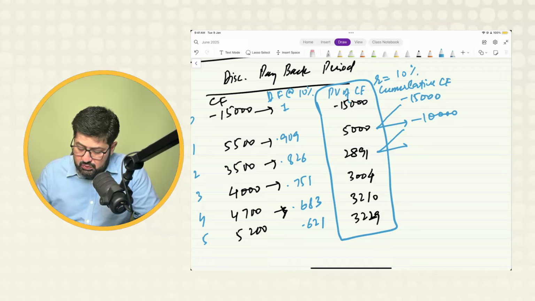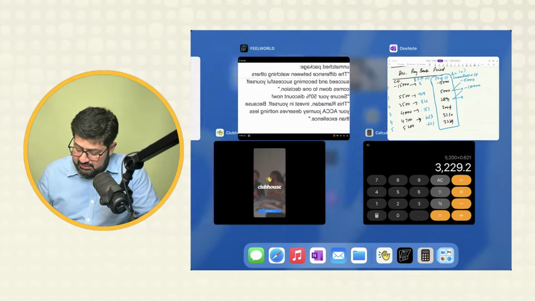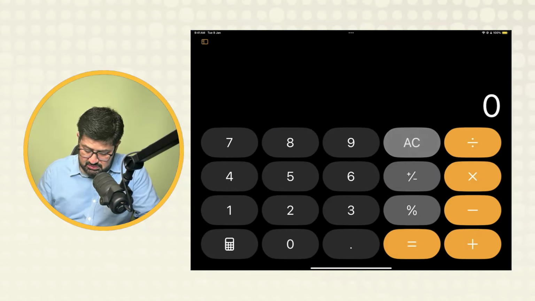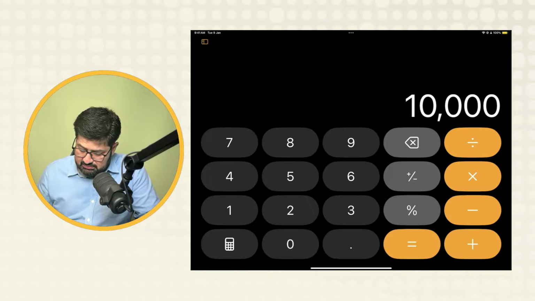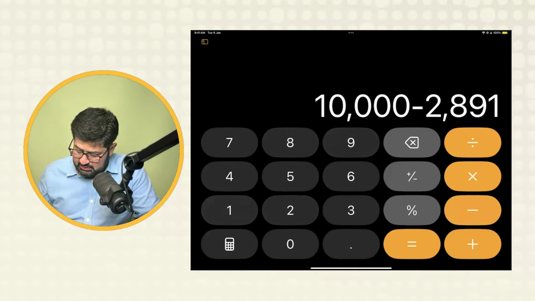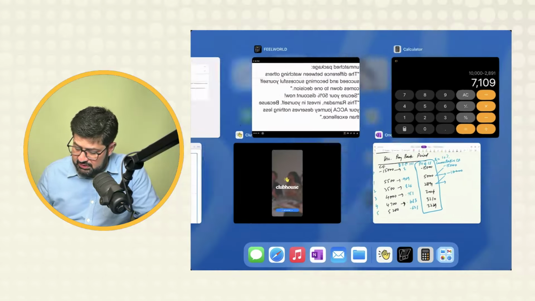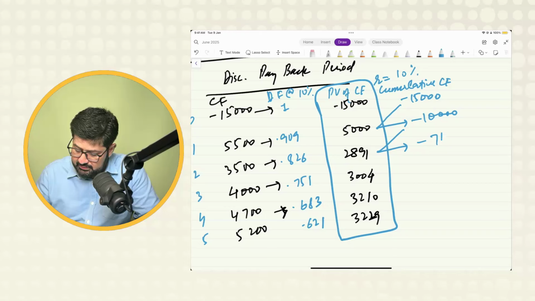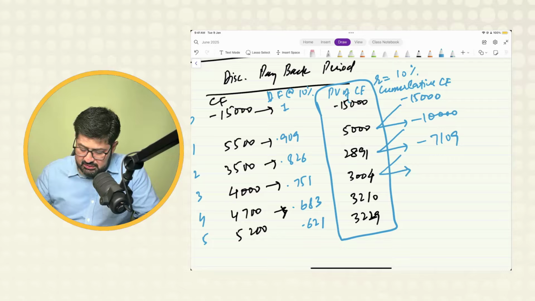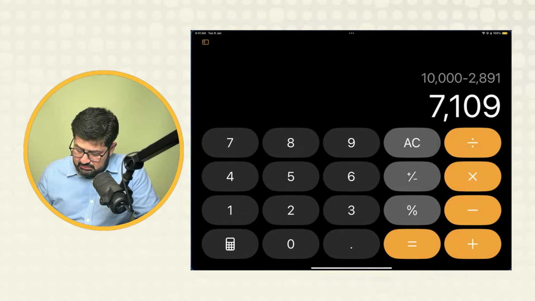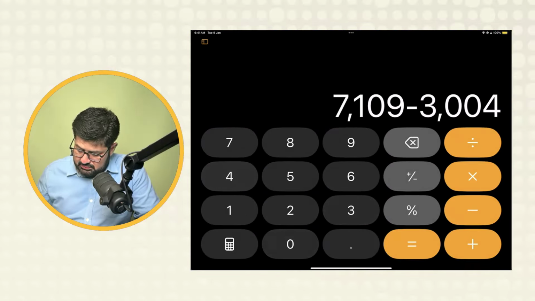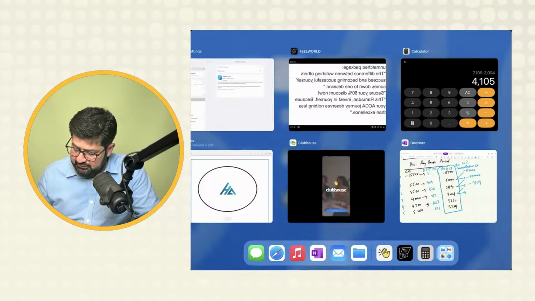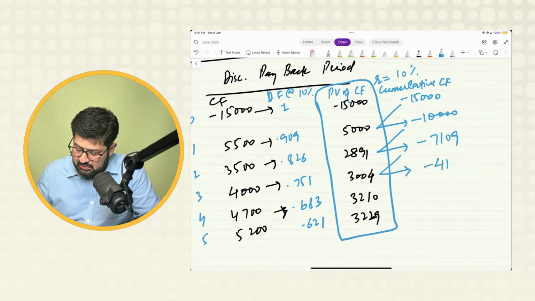Then 2,891 recovered. So 10,000 minus 2,891, it is recovered. 7,109 remaining. Then 3,004 recovered. 4,105 remaining.